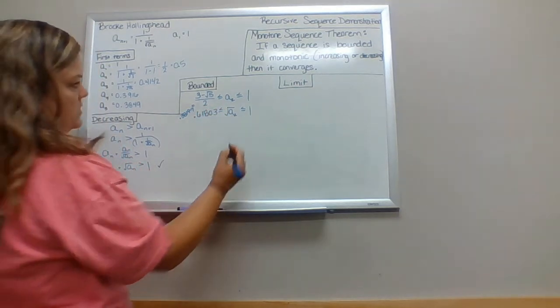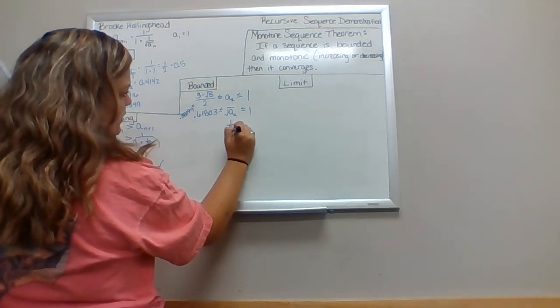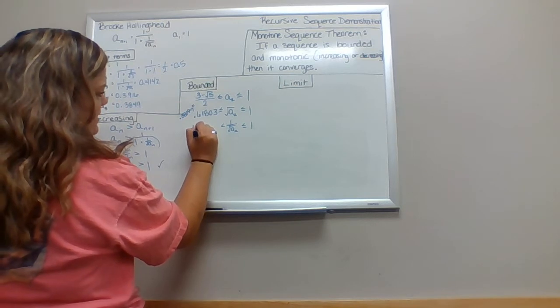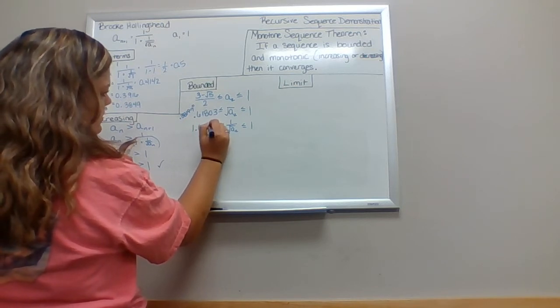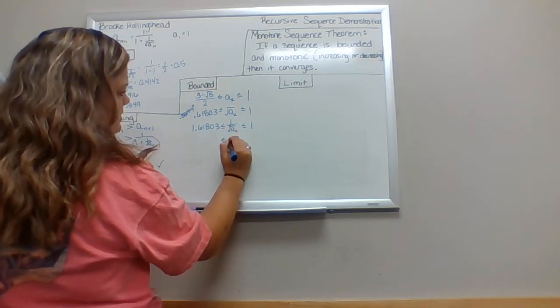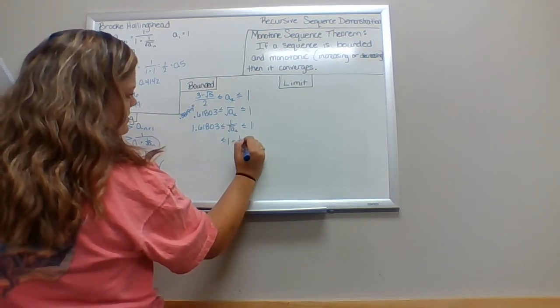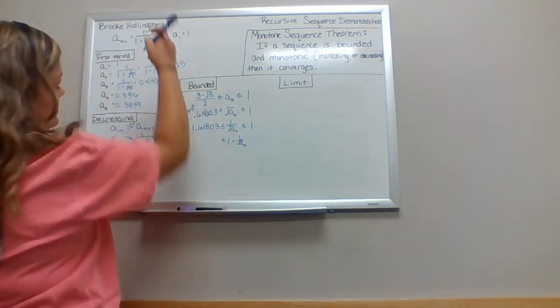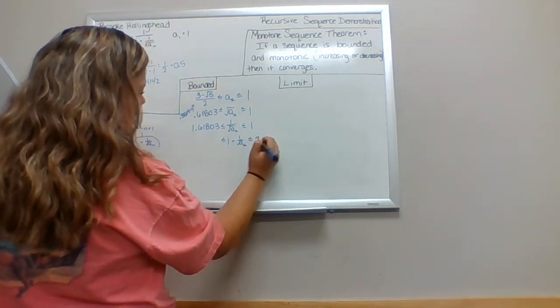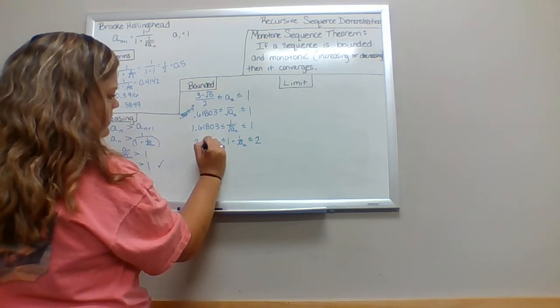Okay, then I'm going to do 1 over what our term was. 1 over 1 is still 1. 1 over this is actually interesting, 1.61803. Then I'm going to add a 1 to it. 1 plus. I'm building essentially what my sequence formula is. Add a 1 there, add a 1 there.